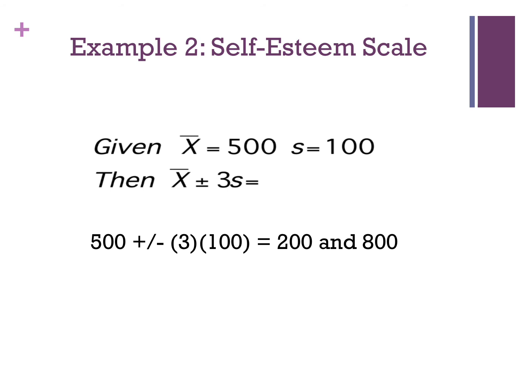The standard deviation is 100, and we conduct the computations given in the slide, and we find the extreme scores are 200 at the low end and 800 at the high end. So if we take the mean of x plus and minus 3 times the standard deviation, we have 500 plus and minus 3 times 100, and that gives us our extreme low and extreme high scores.